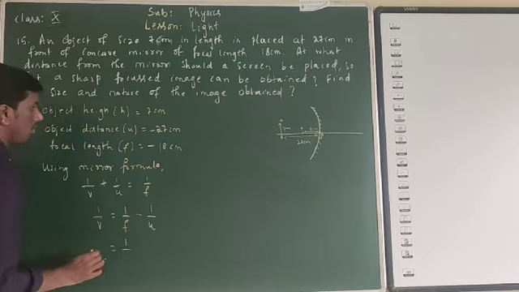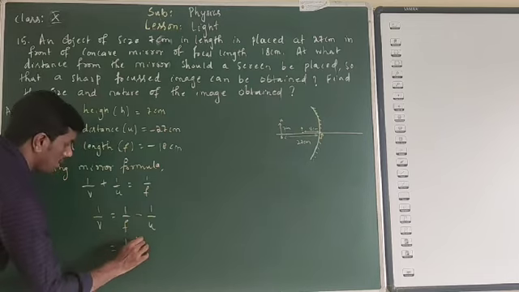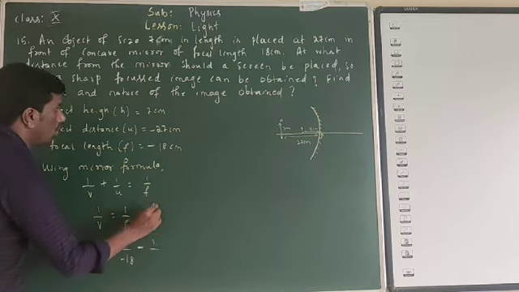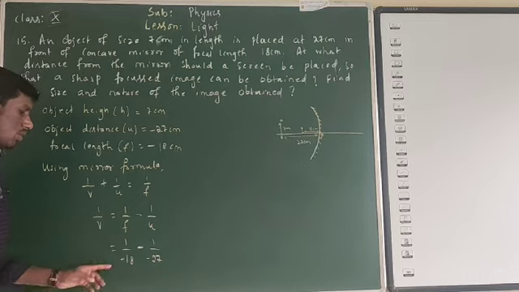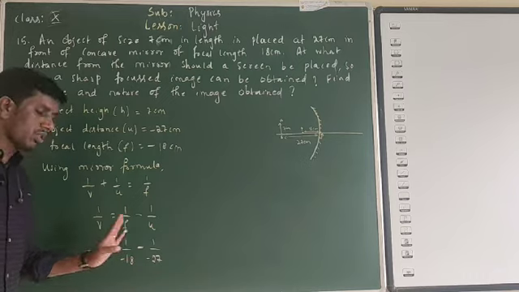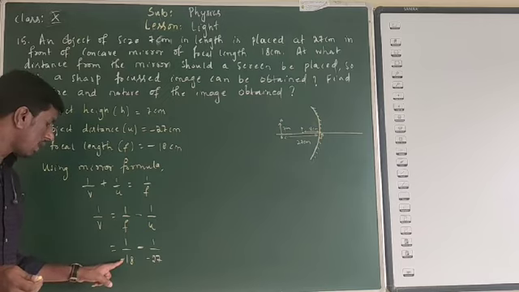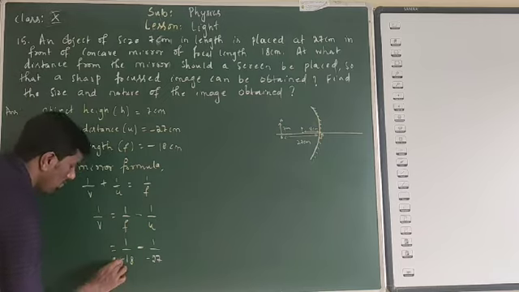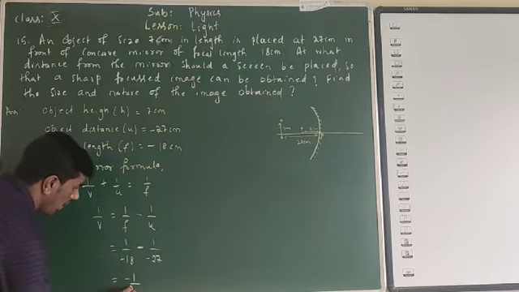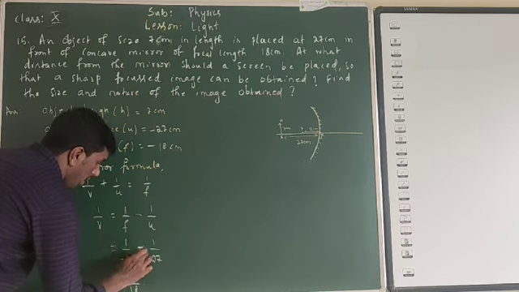1 by f: the focal length is minus 18 centimeter. Minus 1 by u: u is minus 27 centimeter. So we have the negative sign in both values. We should be very careful. Let me transfer this negative sign to the numerator: minus 1 by 18 for the first term. For the second term, we have a negative operation, which we write as it is, and transfer the negative sign to the numerator: minus 1 by 27.